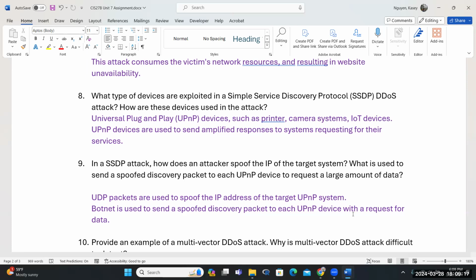So, for question A, it asks what type of devices are exploited in Simple Service Discovery Protocol, and how are these devices used in the attack? Those are your UPnP, Universal Plug and Play devices, such as printers and camera systems, things that you just turn on, and if you scan through your wireless you can see them, because they advertise themselves.